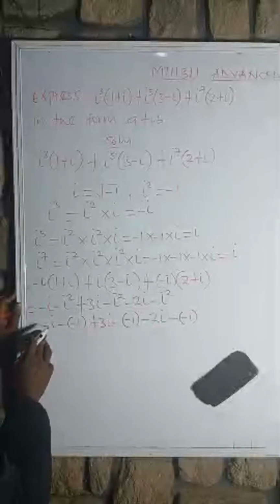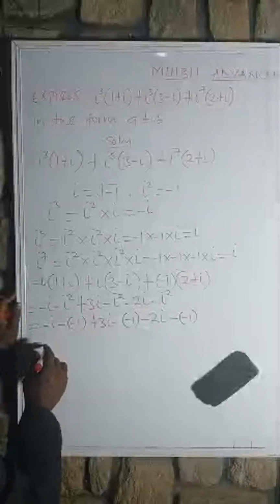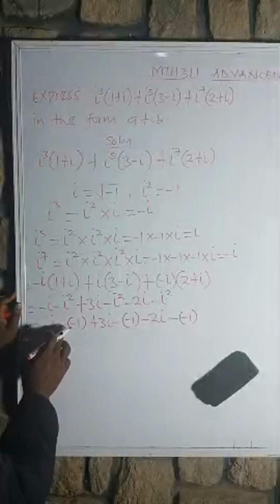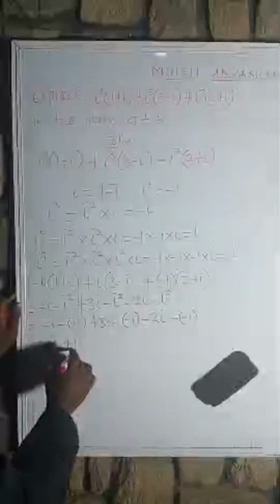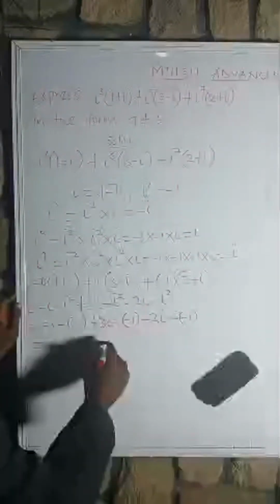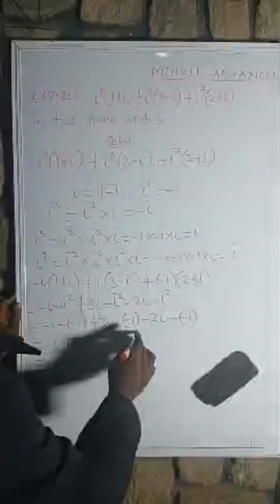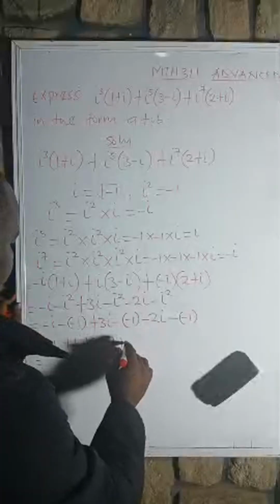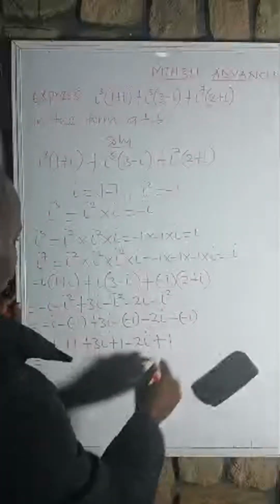Here is minus I, minus times minus is plus 1, plus 3I, minus times minus is plus 1. Then here is minus 2I, minus times minus is plus 1.